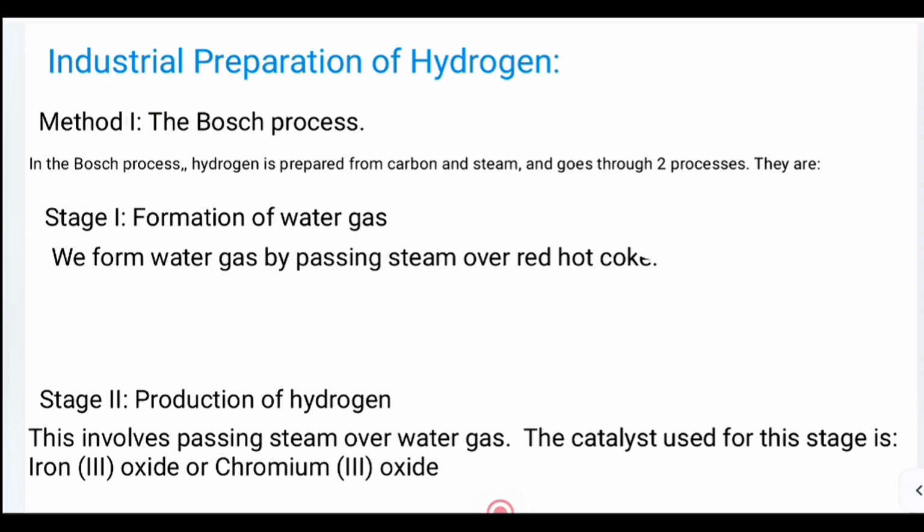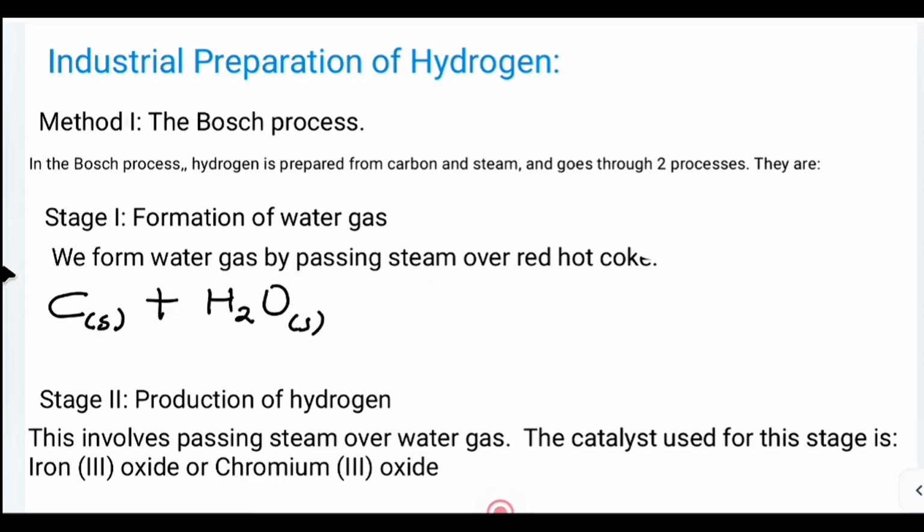Stage one is the formation of water gas. And to do that, I will take carbon, which is coke, and then I will pass steam, that's water, but in gaseous form, over it.